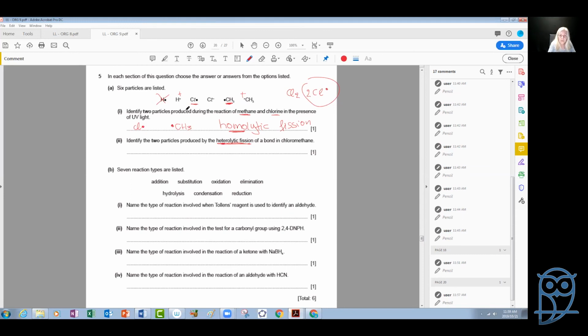Well, it could be this one, this chloride ion could be produced. This could also be produced, like ions. We're looking for ions. And that's it.